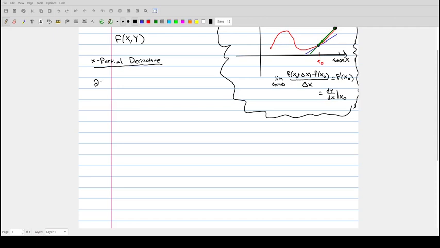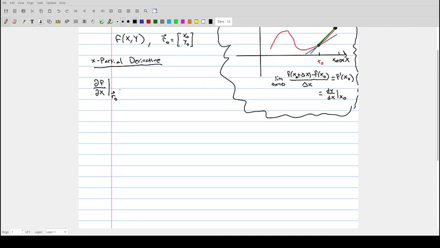We actually introduce a new symbol called the partial derivative symbol to denote the partial derivative of a function with respect to x being evaluated at some point. This is now a point in 2 dimensions for a function of 2 variables, r naught, where r naught is just the vector x naught, y naught, some point in 2D space.